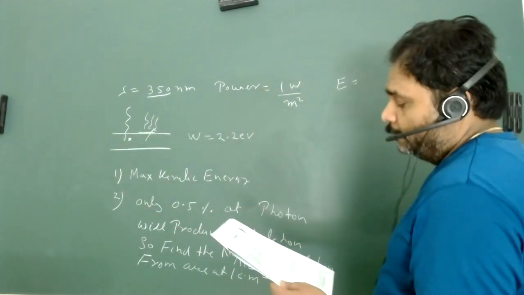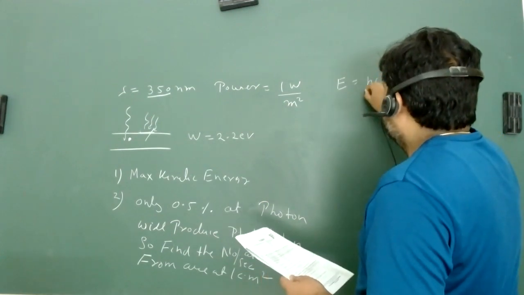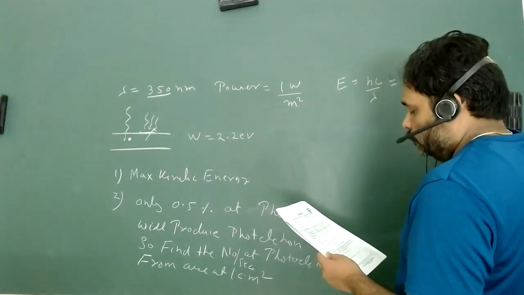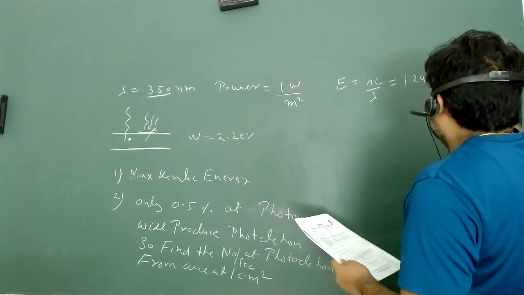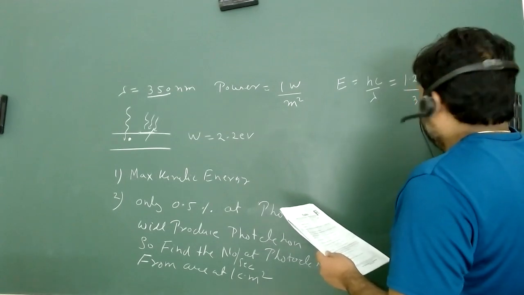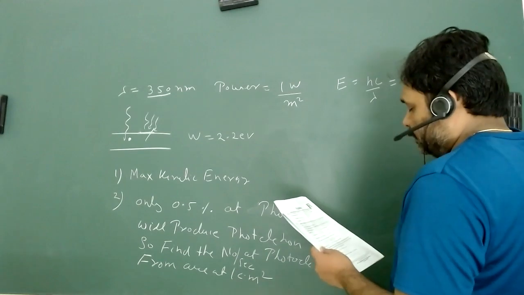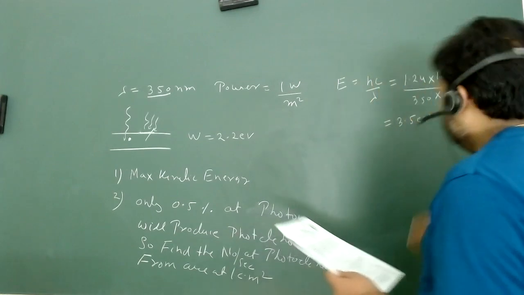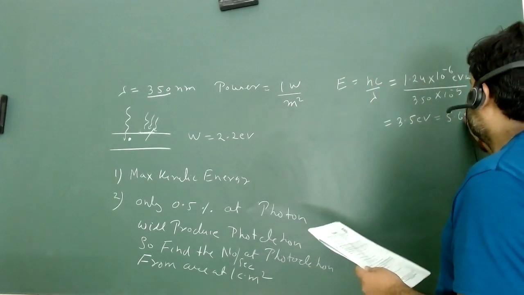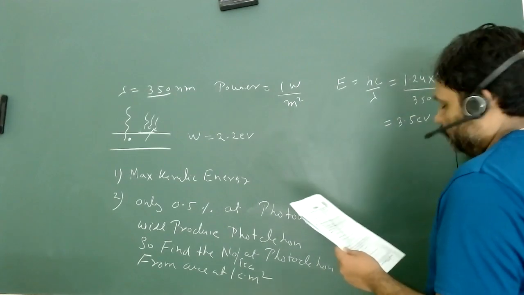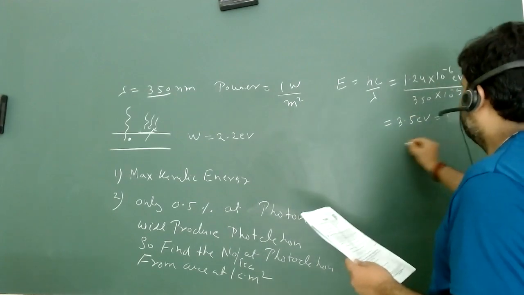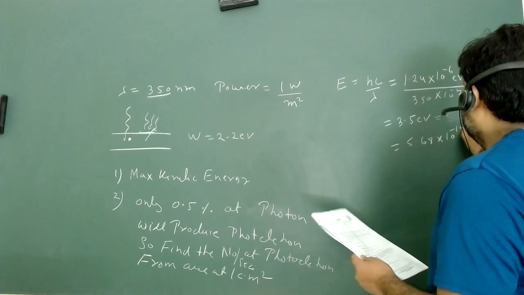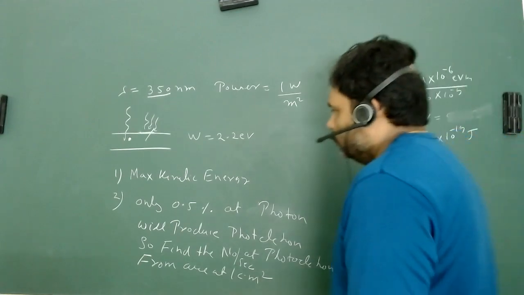The energy of the photon will be hc upon lambda, that is 1.24 into 10 to the power minus 6 electron volt meter divided by 350 into 10 to the power minus 9 meter, which equals 3.5 electron volt, which is equal to 5.68 into 10 to the power minus 19 joule. So this is the information we have.